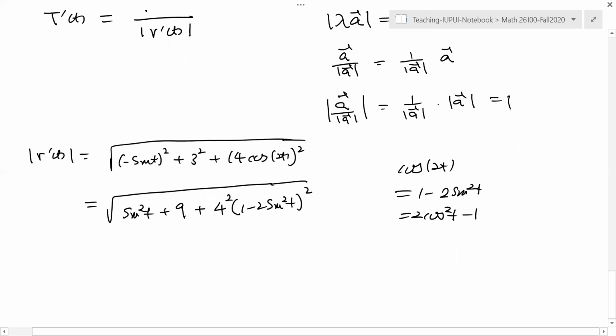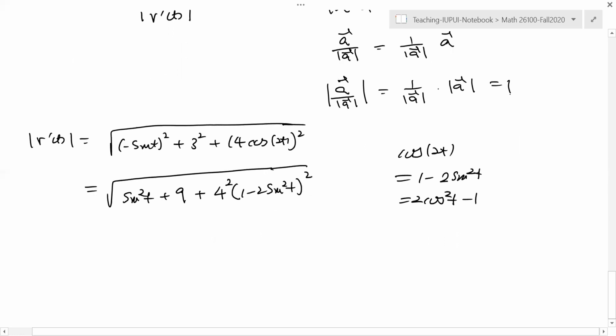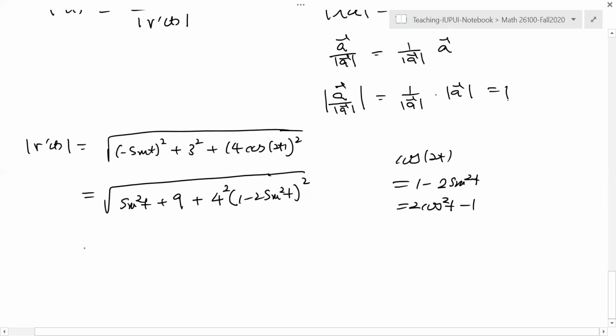You can multiply this out. You can express it in terms of sine t, and that's possible. Yeah, we can try a little bit.